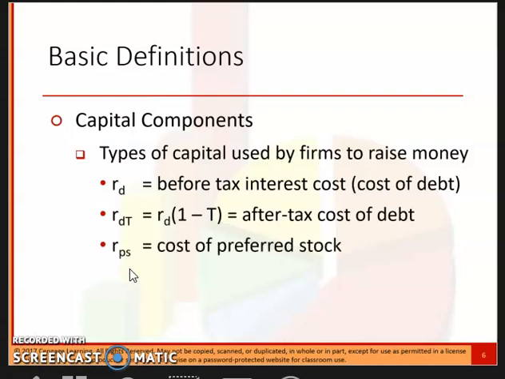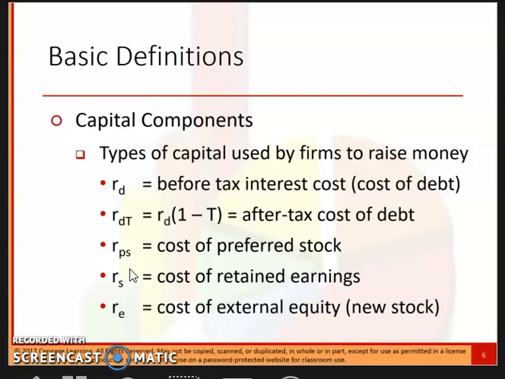R sub PS is the cost of preferred stock. R sub S is the cost of retained earnings, and R sub E is the cost of external equity. So when a company has to go out and issue new stock, versus using retained earnings, which is effectively self-funding.